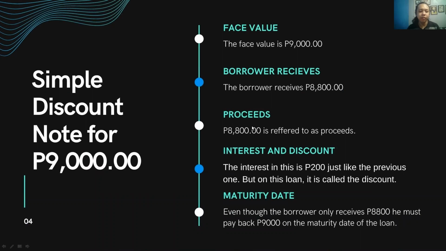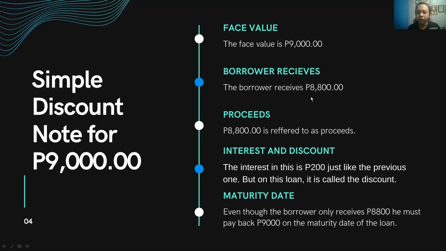While in simple discount note for 9,000 pesos, the face value is 9,000 pesos, but the borrower only receives 8,800 pesos. This 8,800 pesos is referred to as the proceeds.